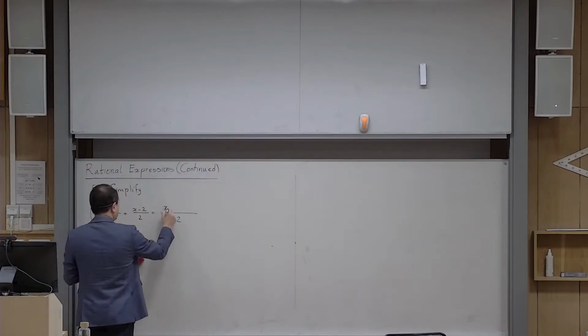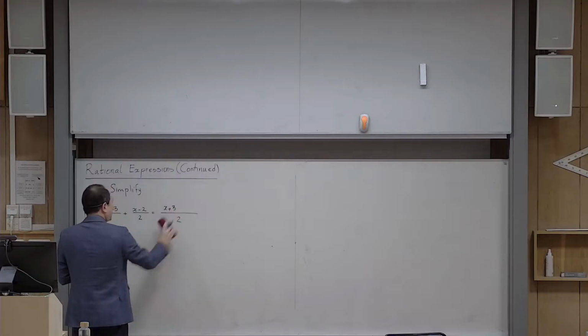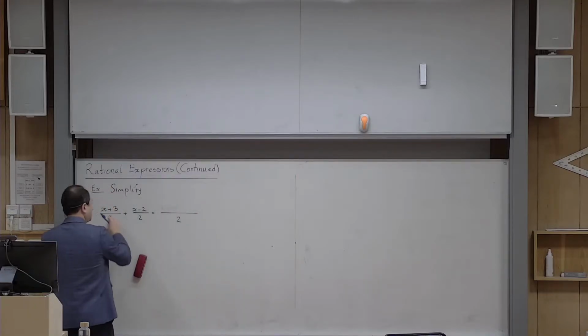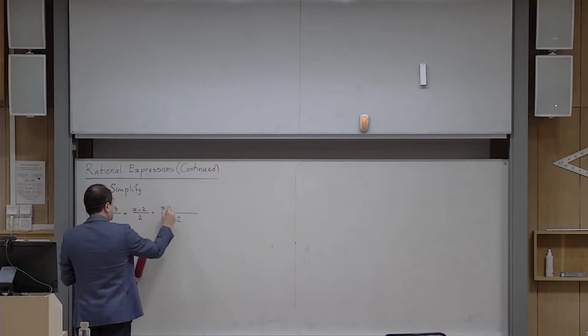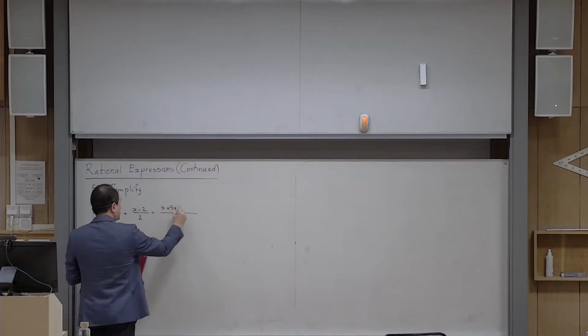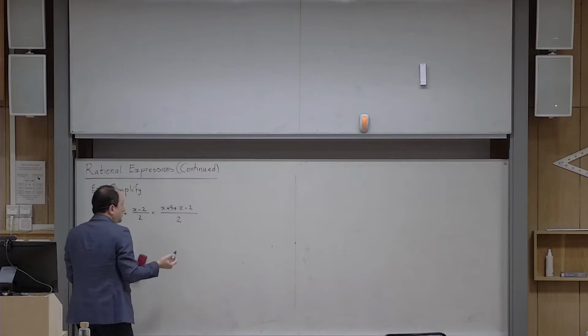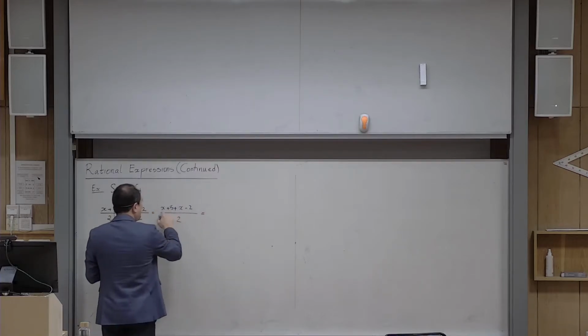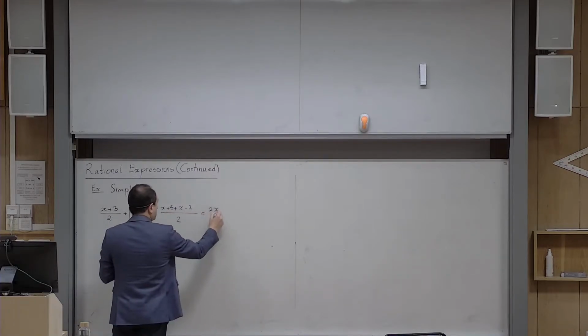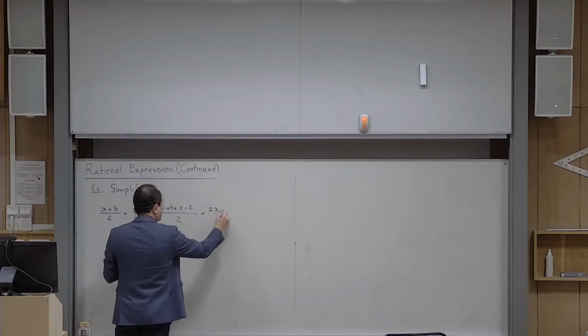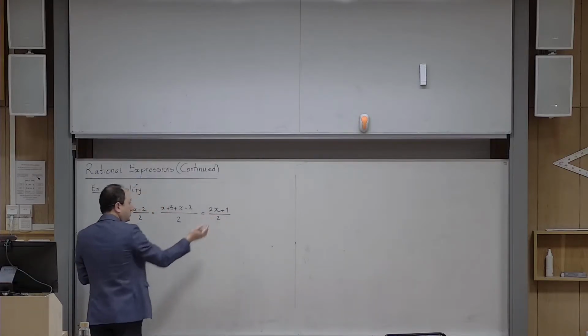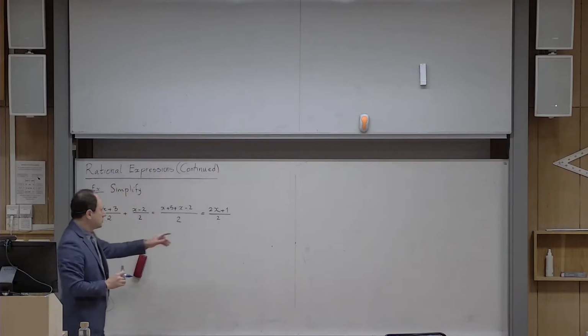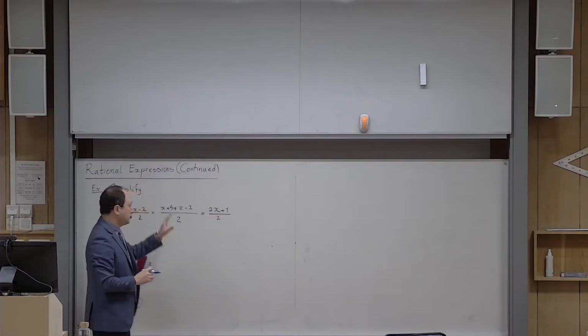So x plus 3 is the numerator on the first fraction, and then I have plus x minus 2 on the second fraction. And then you simplify if possible. So x plus x is 2x, 3 minus 2 is 1, and divided by 2. Can I simplify this 2 with that 2? The answer is no, because this 2 is not a factor of the numerator, so that's the end of the story.